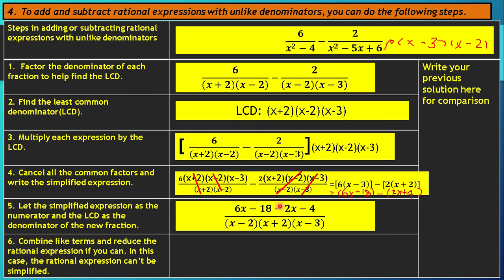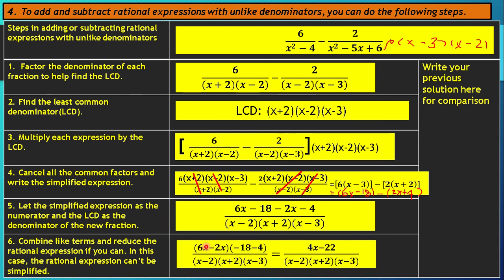So 6 minus 2x ay 4x. Pinagsama naman natin yung negative 18 at negative 4. So that's negative 22. So ang simplified rational expression natin ay 4x minus 22 divided by quantity x minus 2, quantity x plus 2, quantity x minus 3.